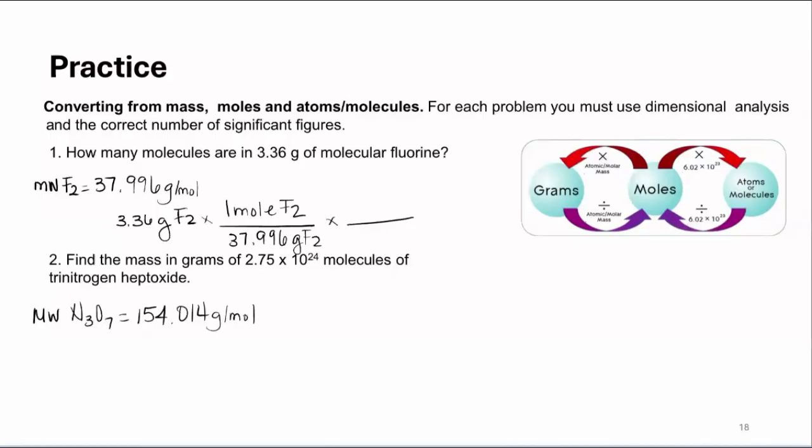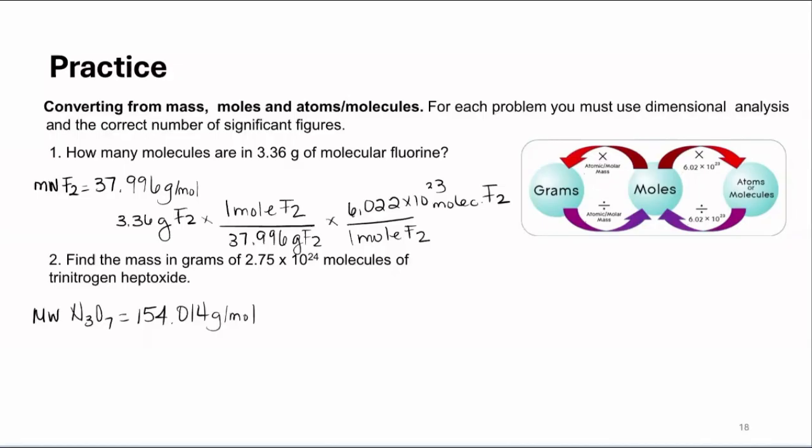Next, I'm going to multiply by Avogadro's number, meaning that in the bottom of that second fraction, I'm going to write 1 mole of F2 corresponds to specifically 6.022 times 10 to the 23rd molecules of F2.